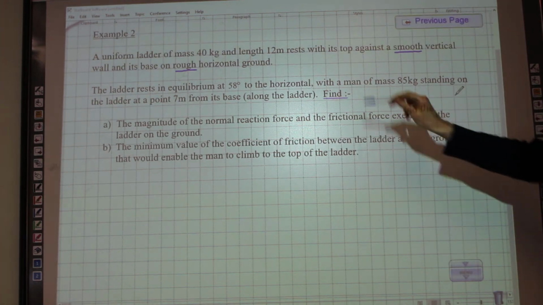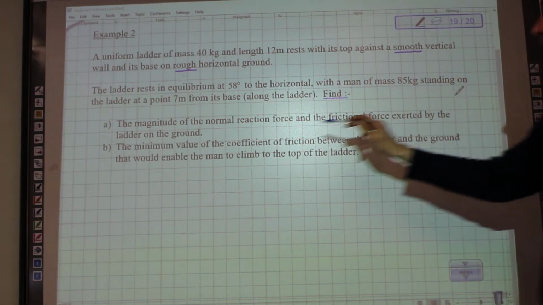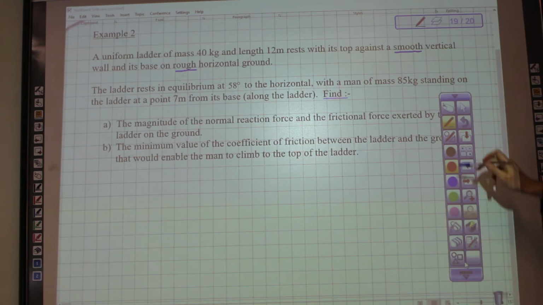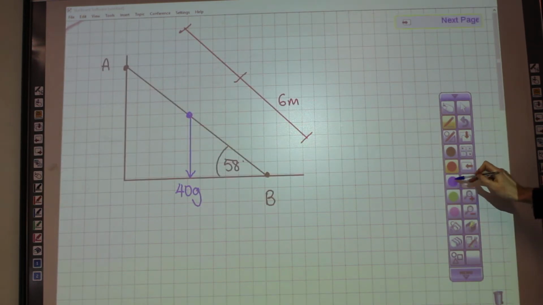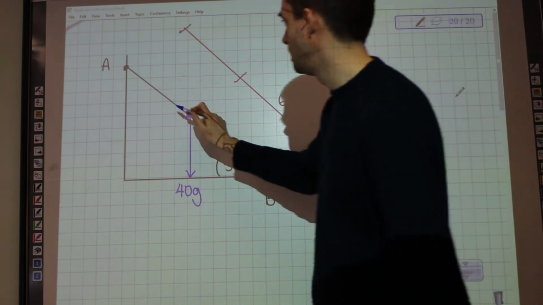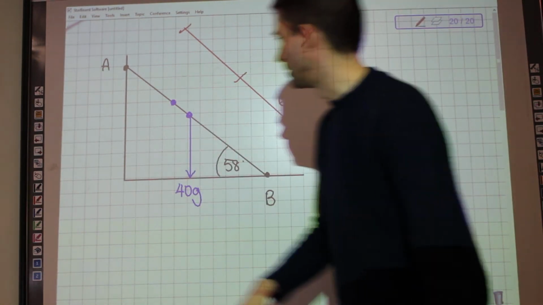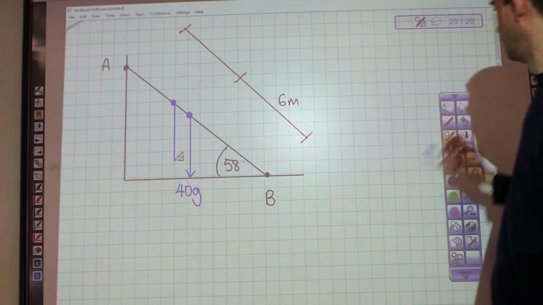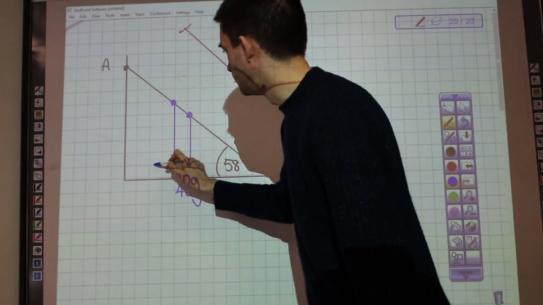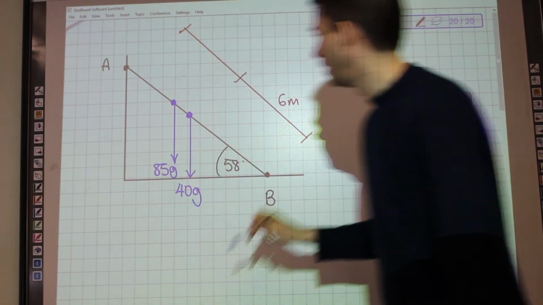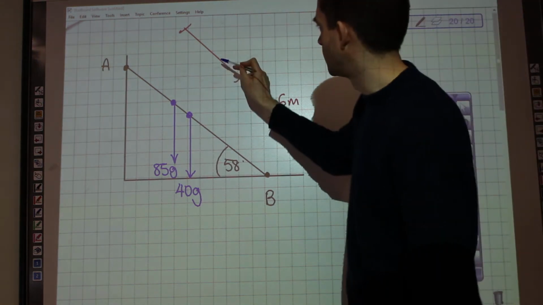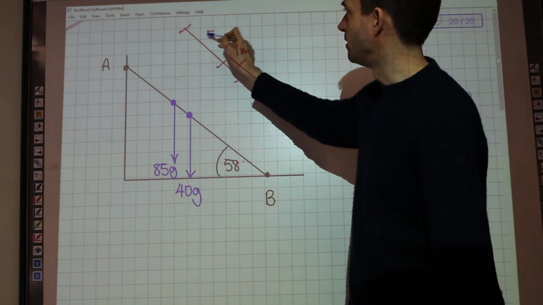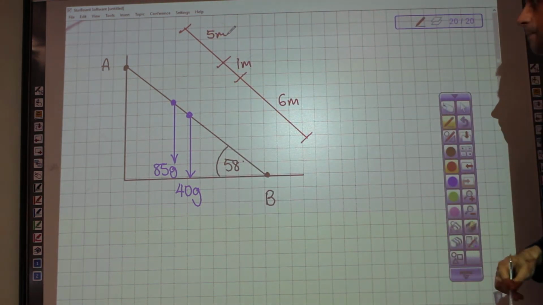The reason is that we also have a man of mass 85 kilograms standing on the ladder at a point 7 metres from its base along the ladder. So in addition to this 40g force, we also have a force of 85g, which is the weight of the man. In terms of distances, that's an extra 1 metre along my ladder, and therefore I have 5 metres left at the top here.